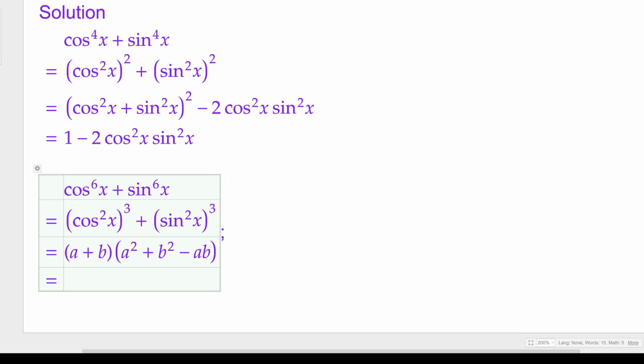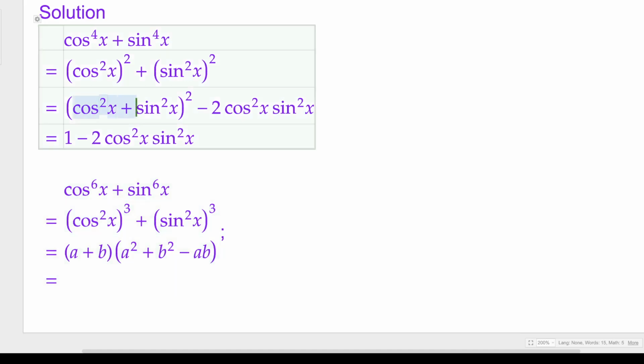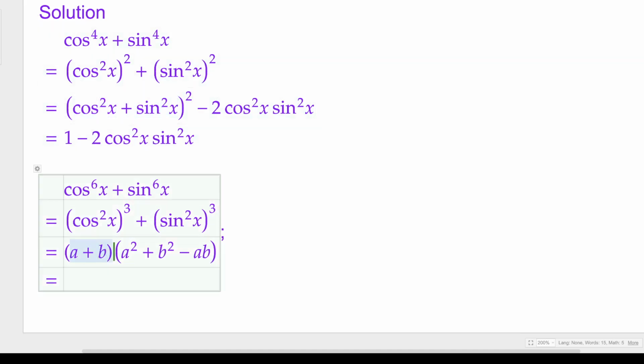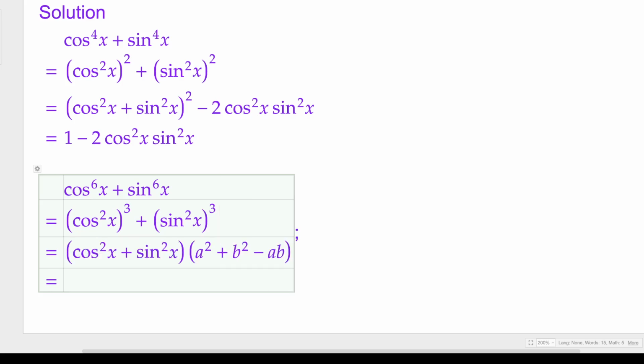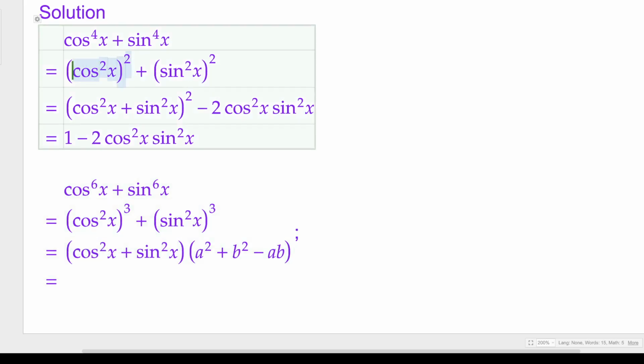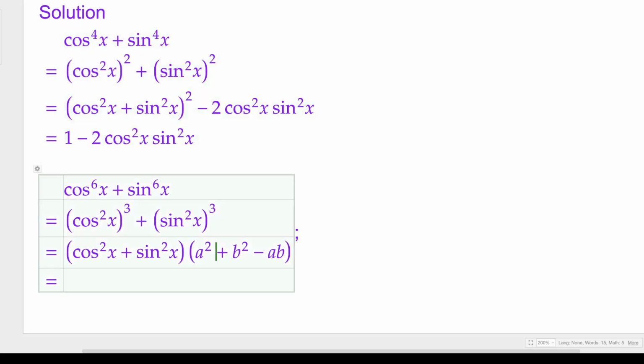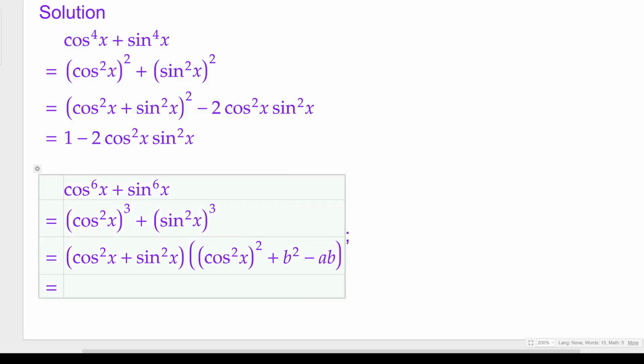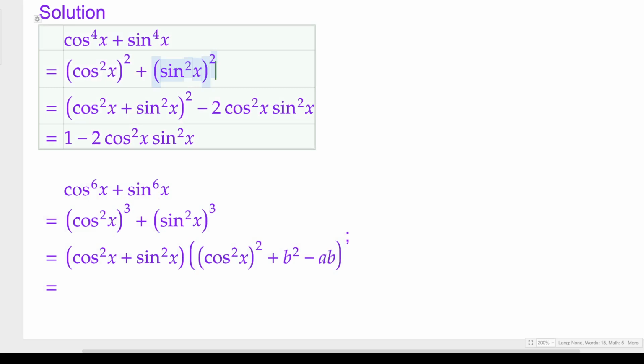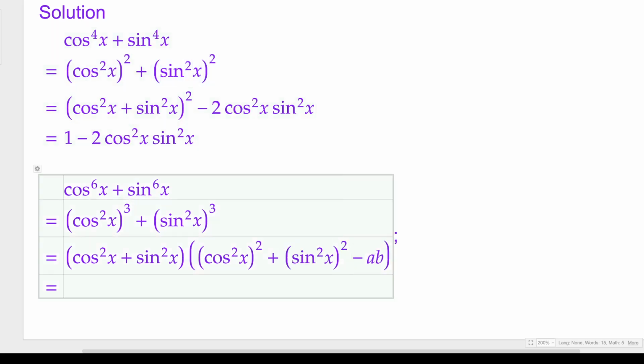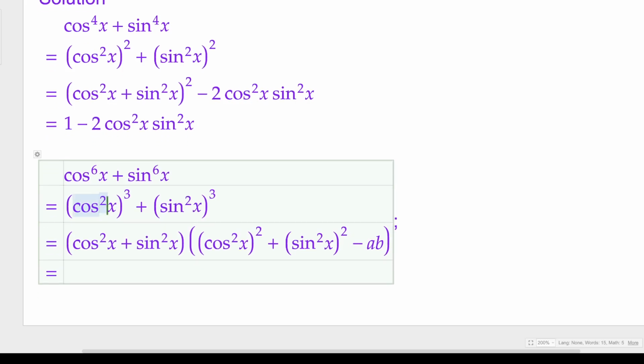So instead of a, cos x squared, and instead of b, sin x squared, and that boils down to 1. And for this a squared, this would be cos x squared, and on top of that power of 2. And a and b values we are already having, that is cos x squared and sin x squared.